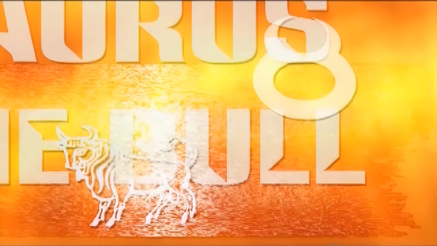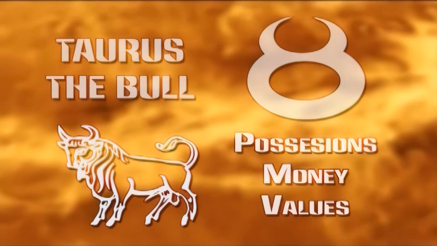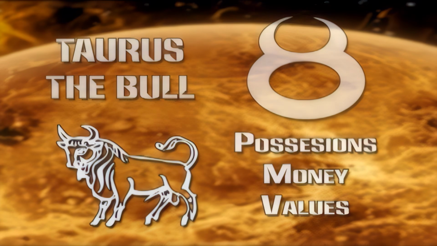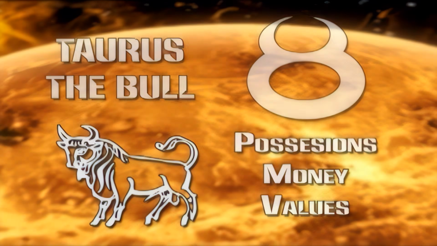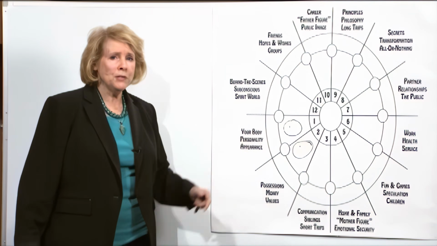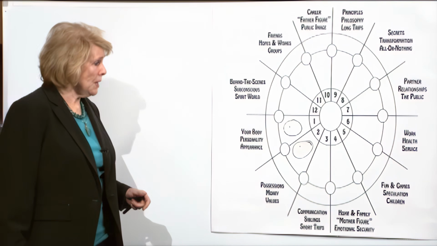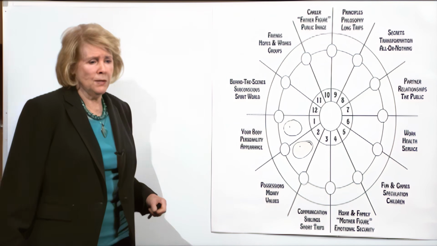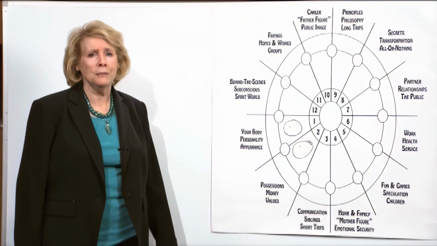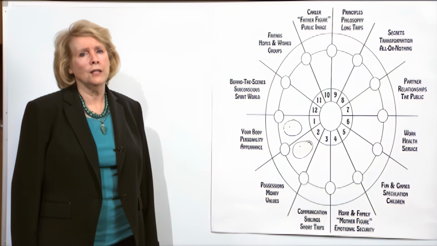Okay, let's say you have the sun in the second house of money. So the center of your life is money and possessions. And wherever the sun is, it lights it up. The sun is the giver of life. Now, you might be saying, well, I've got the sun in the second house, but I never seem to have enough money. What I have found is that people with a second house sun always feel that they don't have enough money.